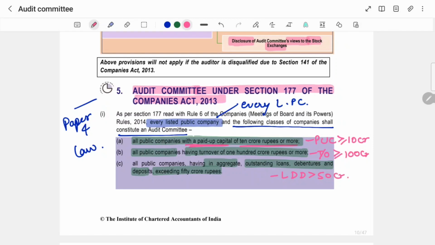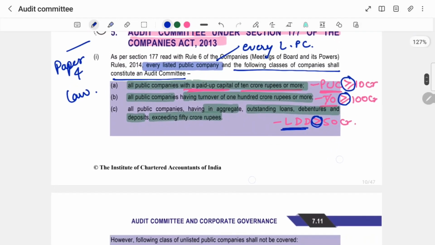So what you have to remember? You have to remember that in paid up capital and turnover, there is greater than equal to. But in case of loans, debentures, deposits, there is only greater than and not greater than equal to.